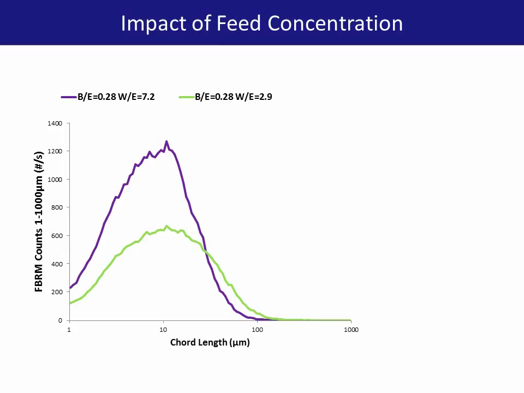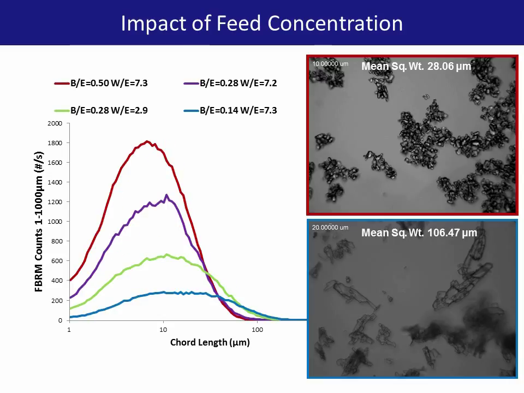The two chord length distributions below outline the extent to which the benzoic acid product crystal size can be controlled solely by manipulating the anti-solvent and feed stream flow rates at a fixed feed concentration. The red and blue chord length distributions represent runs carried out at the same anti-solvent solvent composition as the purple one, except with a significantly higher and lower benzoic acid concentration in the feed.